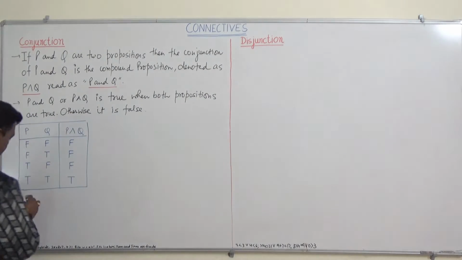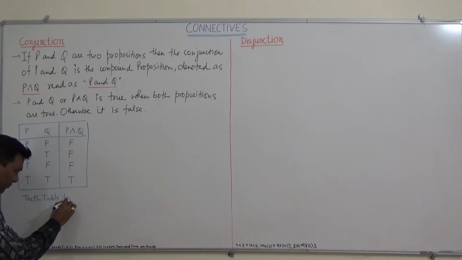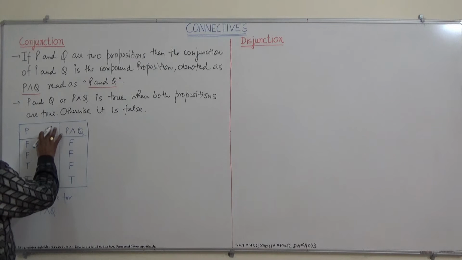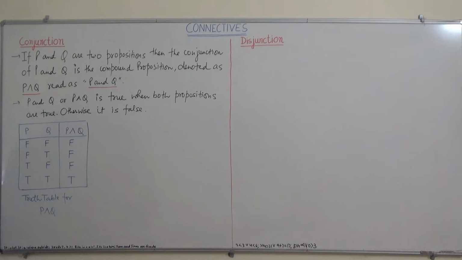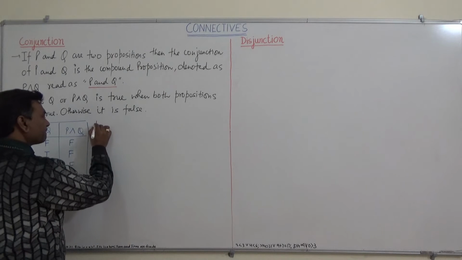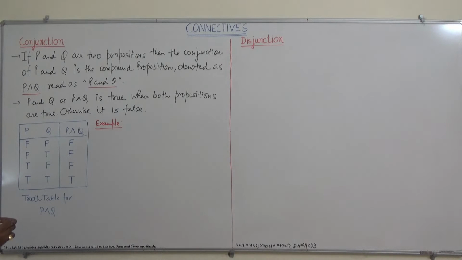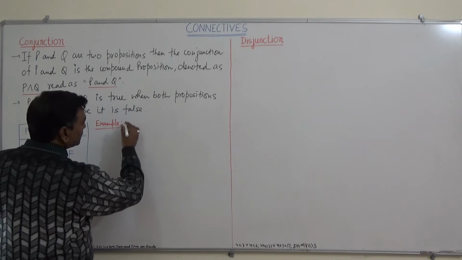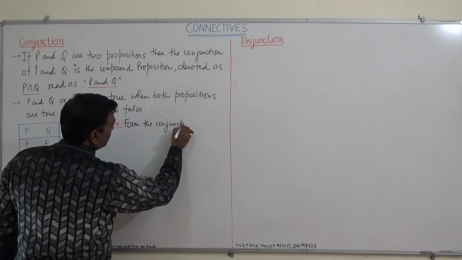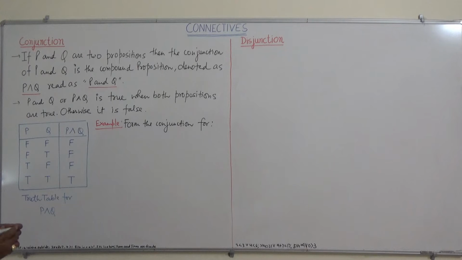So this is the truth table for P and Q. Now let us see its examples, in which we have to form the conjunction for the following examples.